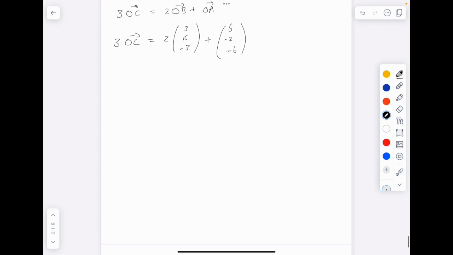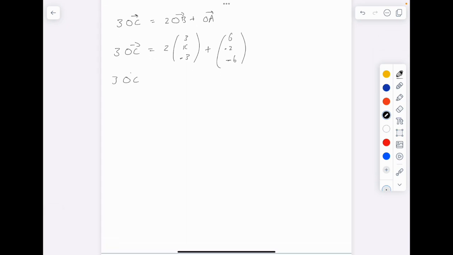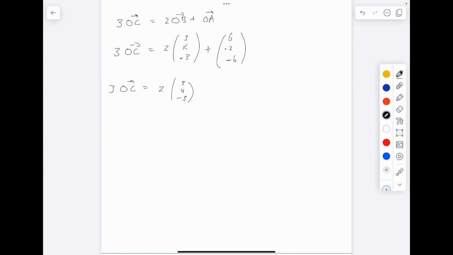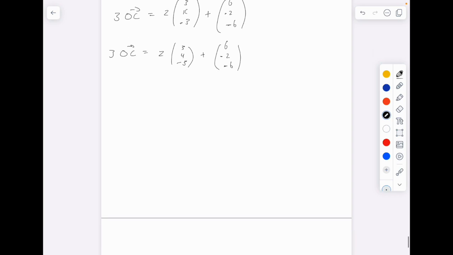Okay, so we've got 3OC equals 2 times (3, 4, -3) plus (6, -2, -6). Okay, so 3OC equals (6, 8, -6) plus (6, -2, -6).